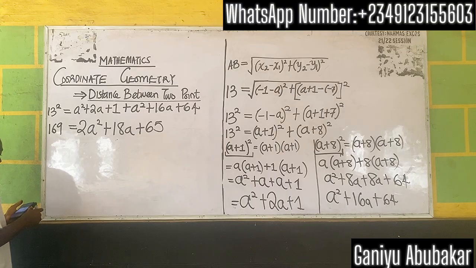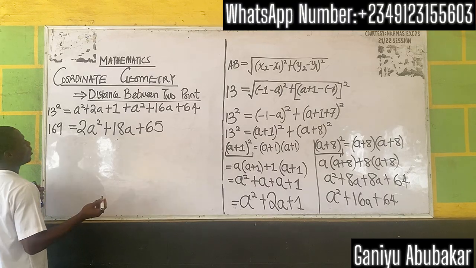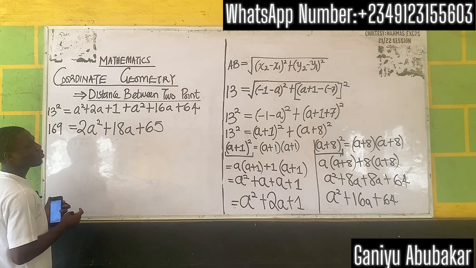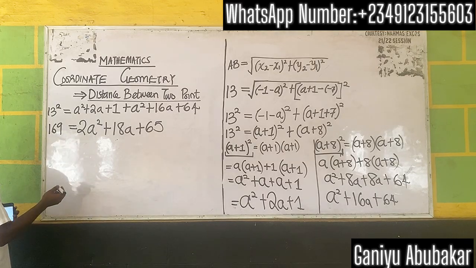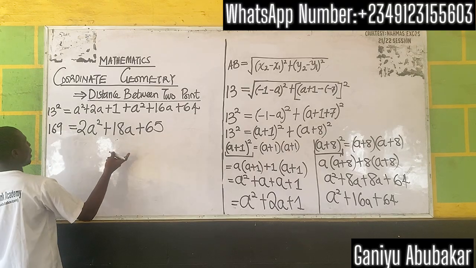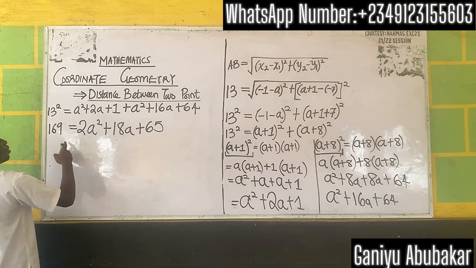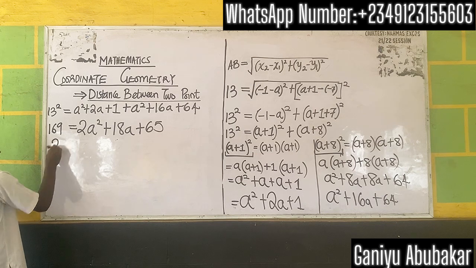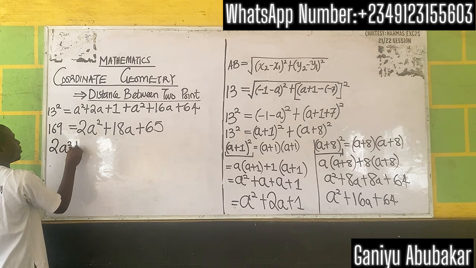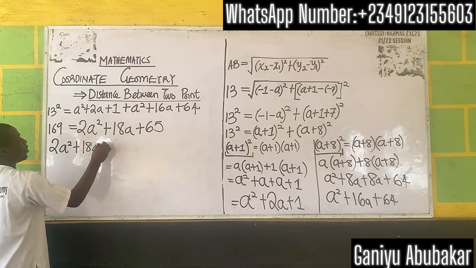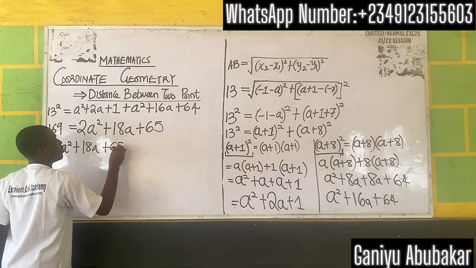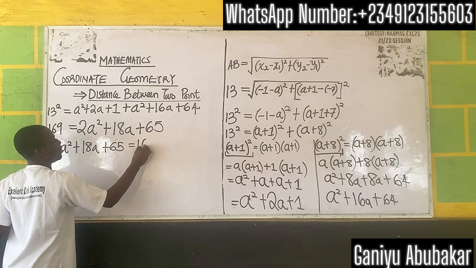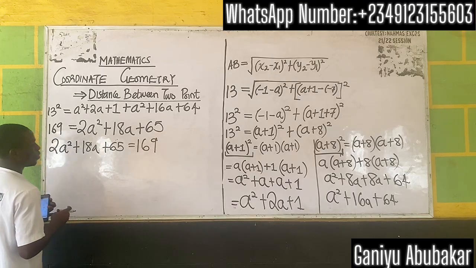From here, my next task is that this now is looking like a quadratic equation, right? So the task is simple. If I want to write this, it can be written as 2A squared plus 18A plus 65 equals 169, right?